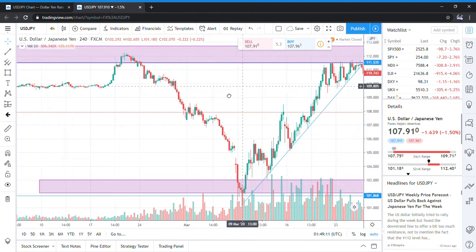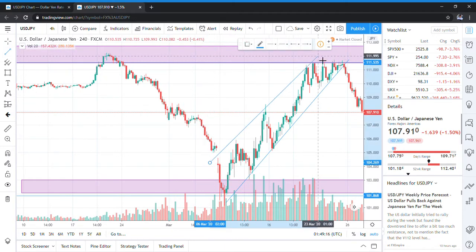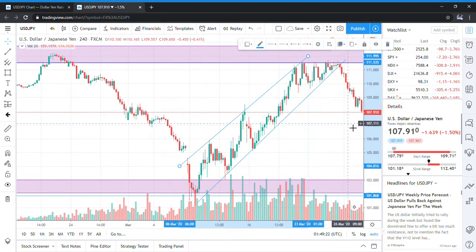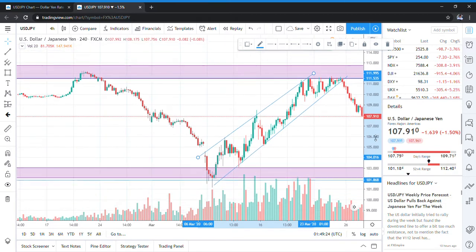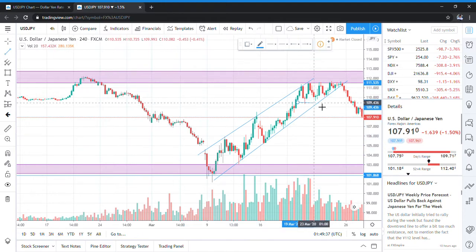Also more like a channel as well. So what do we see here? We could obviously see that the market was creating an upwards trend within the channel, but then price started compressing as it started reaching the area of resistance.